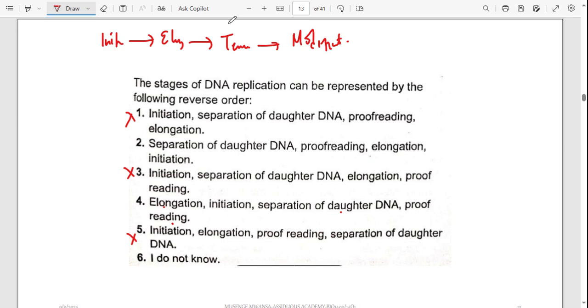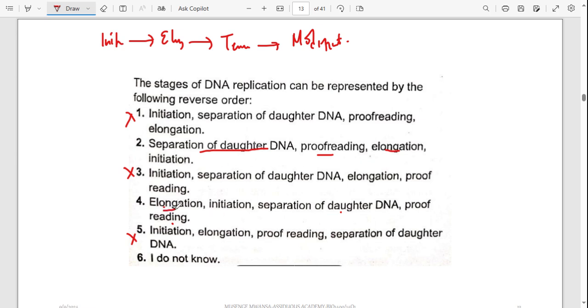But proofreading, controlling mistakes, doesn't just happen after termination. You can control the mistakes before you terminate the chain, when you are just synthesizing it. Okay, so separation of daughter DNA, proofreading, elongation, initiation.